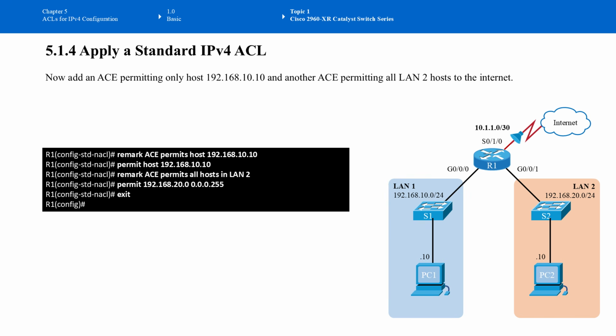Now add an ACE permitting only host 192.168.10.10 and another ACE to permit all LAN 2 hosts to the internet. These are the commands we need to use. First, we enter remark ACE permits 192.168.10.10, and then permit host 192.168.10.10.